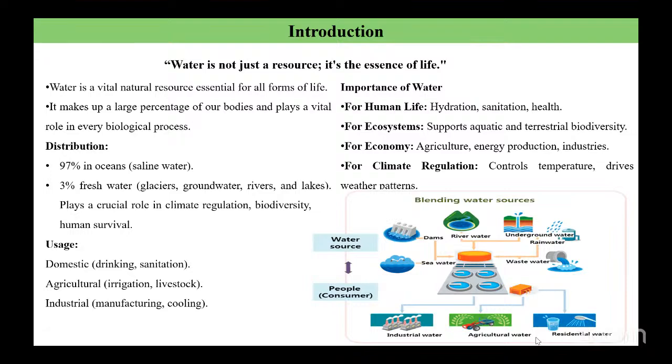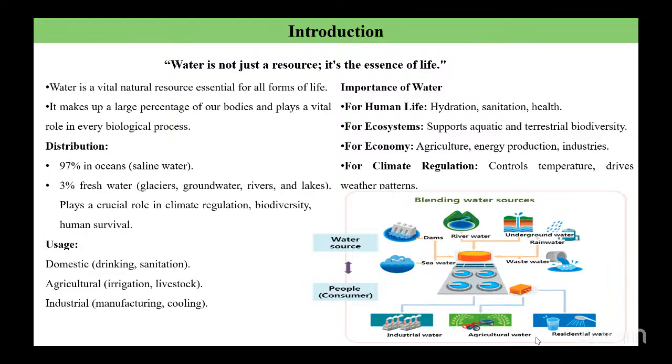So, for which purposes do we use it? We use it for domestic purposes, drinking and sanitation; for agriculture purposes, for irrigation, livestock, and all these. And the third one is industrial purposes, for manufacturing and for the cooling effect. These are the major uses of water. So, if we look into the importance of water, it is for basic human life.